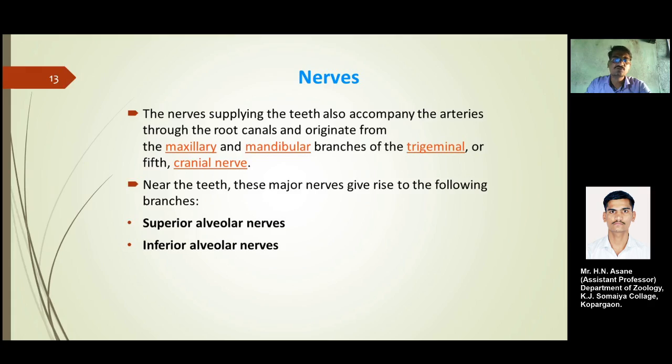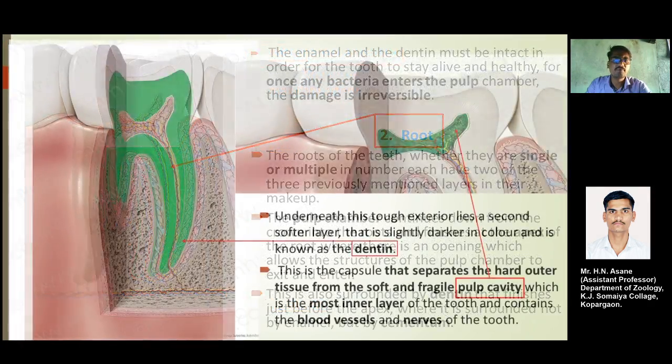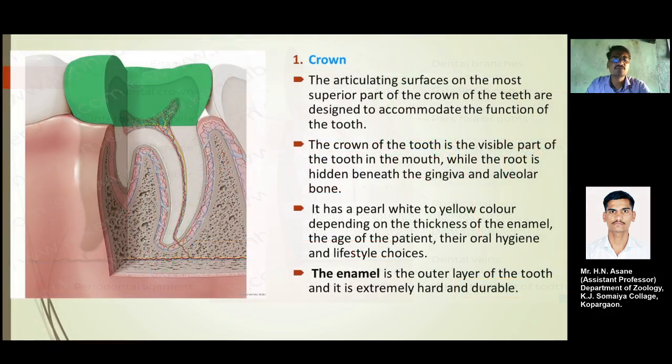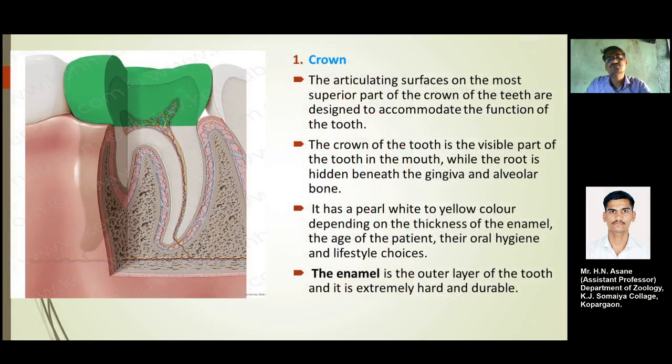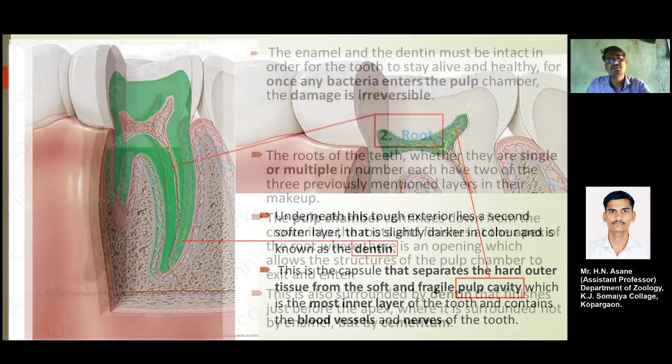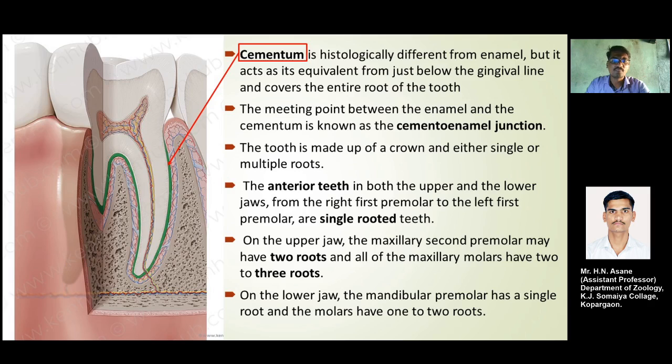Okay, so we have seen the main parts of the tooth, its anatomy and histology: the pulp cavity, root canals, pulp chamber, dentine, cementum, and the variation in roots, two roots, three roots.